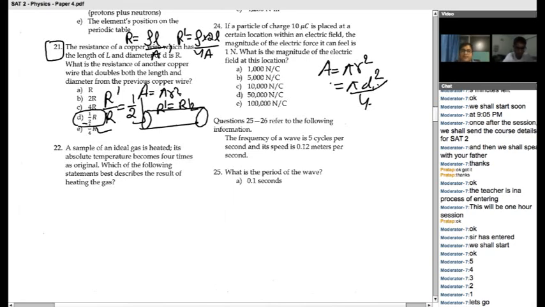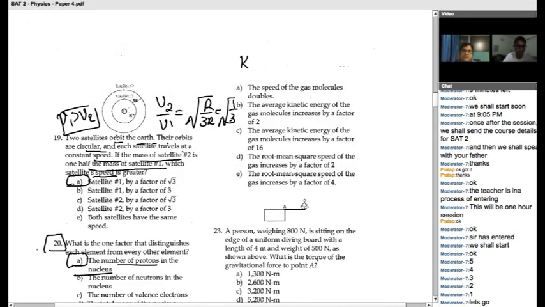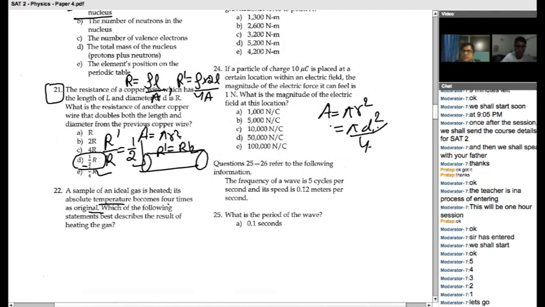If you heat the gas, the temperature is becoming 4 times. There is one relation: kinetic energy is equal to 3 by 2 kT, or 3 by 2 RT. It means kinetic energy is proportional to temperature, and Vrms is proportional to root T. Just read the options.